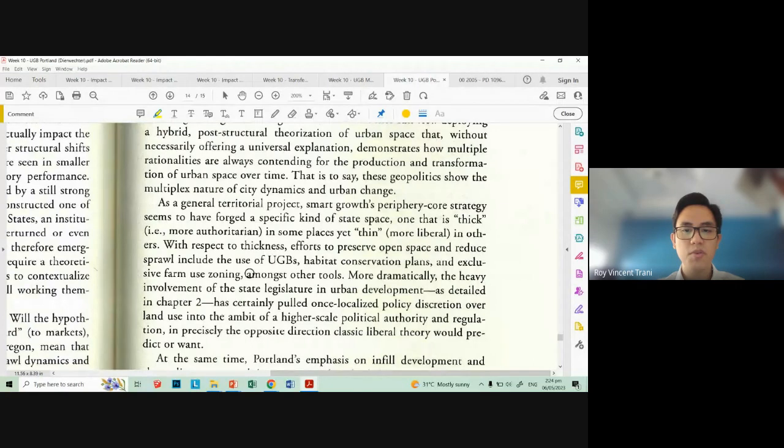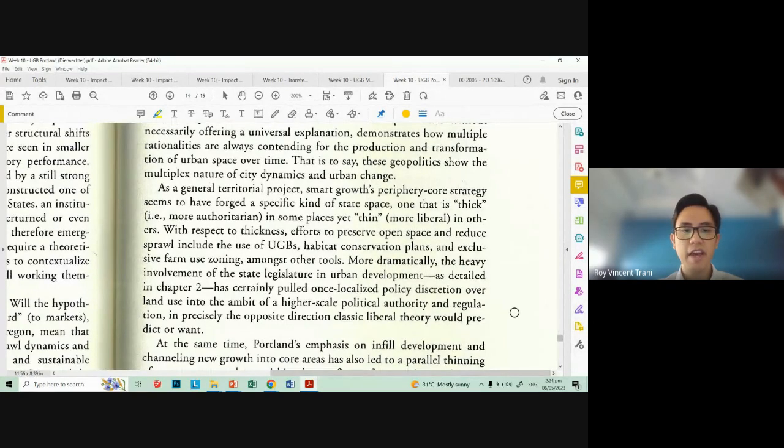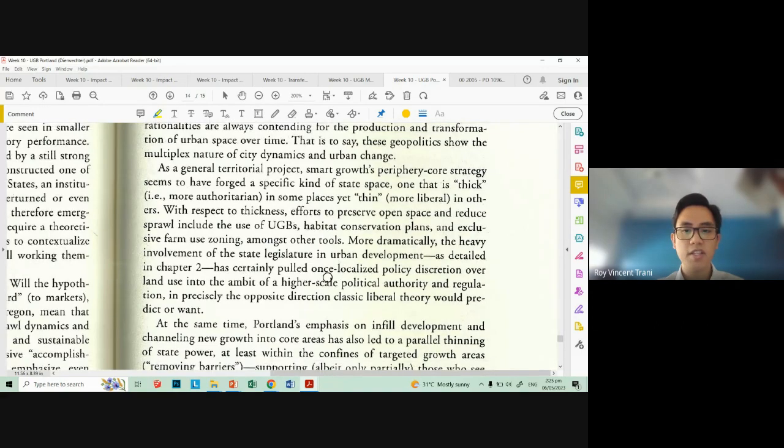With respect to thickness, efforts to preserve open space and reduce sprawl include the use of urban growth boundaries, habitat conservation plans, exclusive farm use zoning, amongst other tools. More dramatically, the heavy involvement of state legislature in urban development, as detailed in chapter 2 of this book, has certainly pulled once localized policy discretion over land use into the ambit of higher scale political authority.